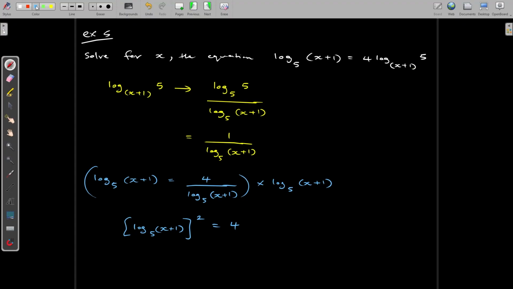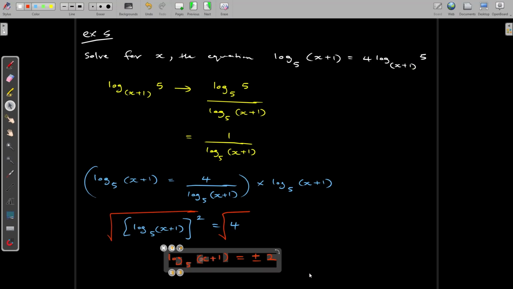So we take the square root on both sides. So log base 5 of x plus 1 is equal to plus or minus 2. So we approach this with both of the solutions and we get our answer and we'll be on our way.